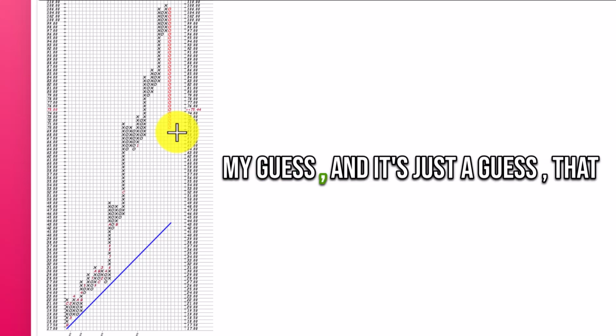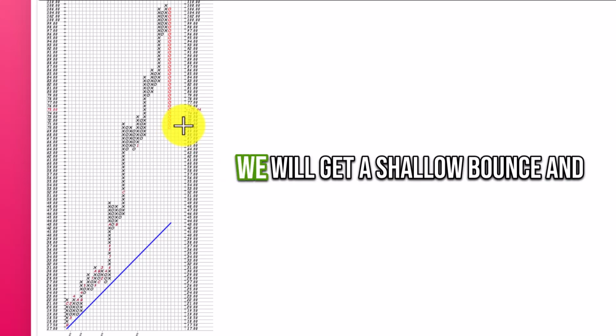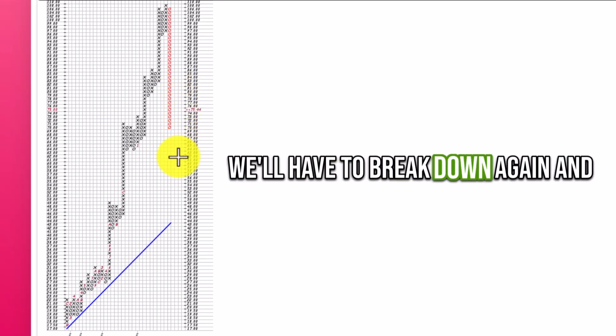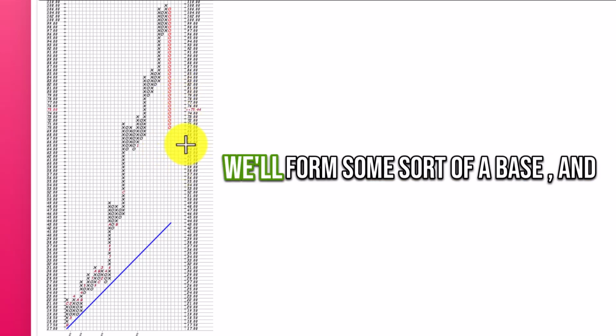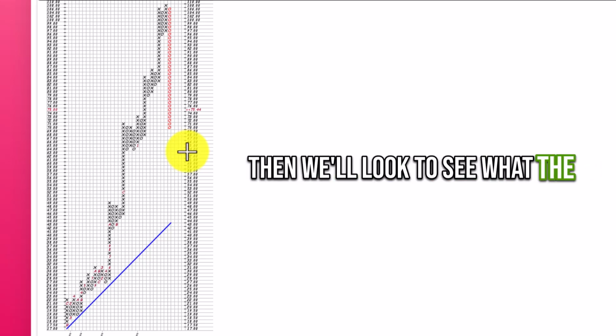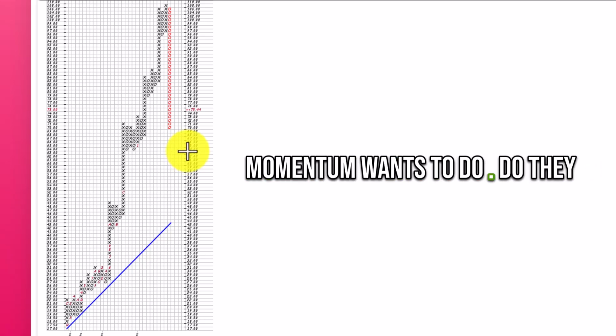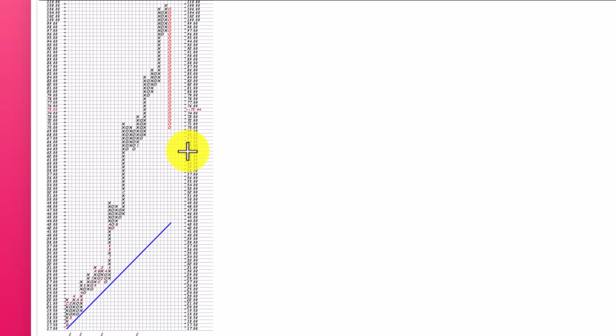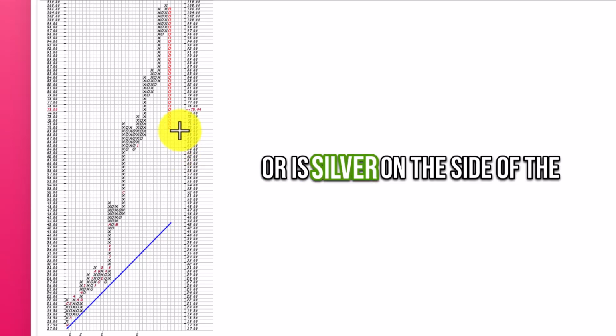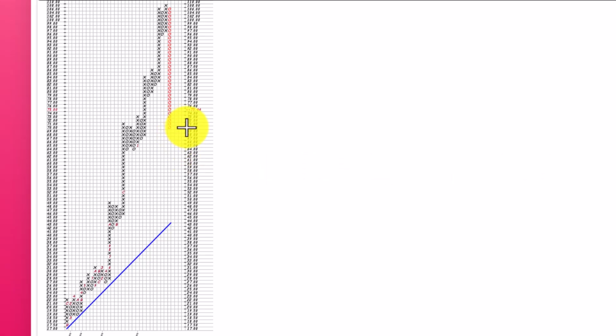My guess, and it's just a guess, is that we will get a shallow bounce and we'll break down again and we'll form some sort of a base, and then we'll look to see what the momentum wants to do. Do they want to continue the flight, or is silver on the side of the runway and people are getting their luggage out?